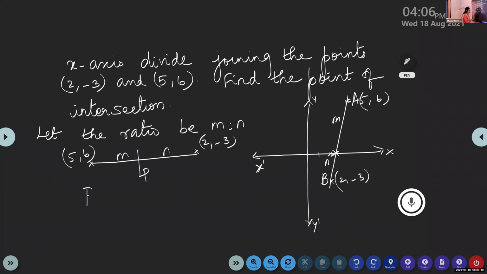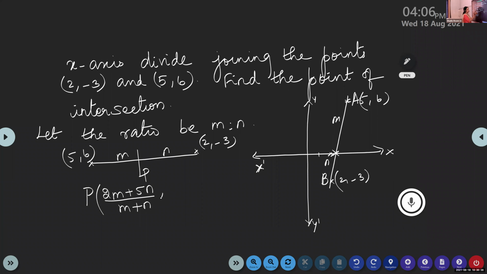So by section formula, what you will get? By using section formula, the point P is (m x2 plus n x1) by m plus n, that is 2m plus 5n by m plus n.